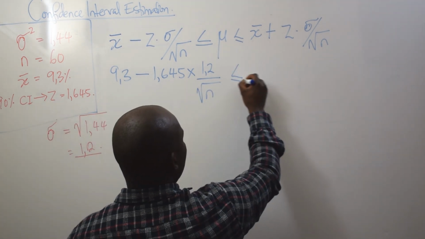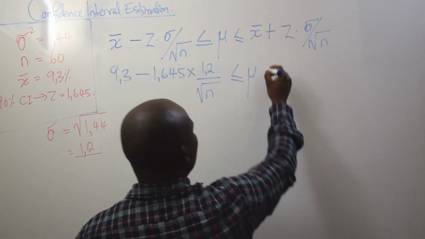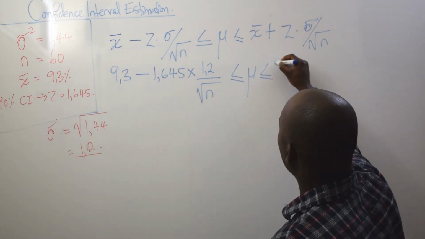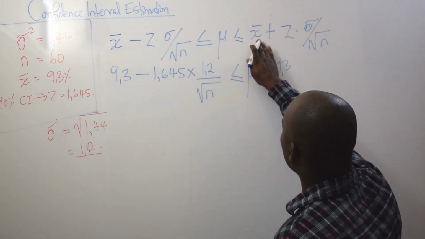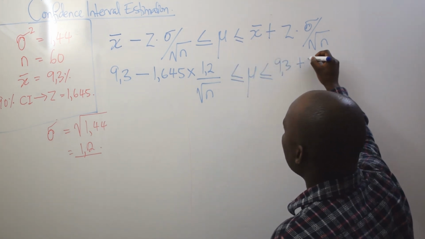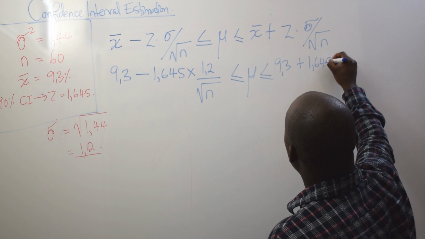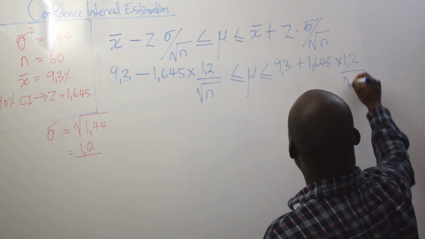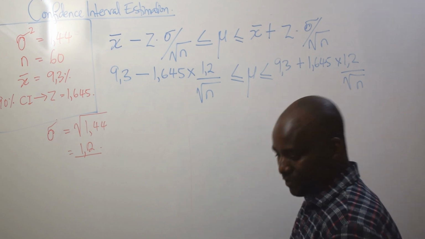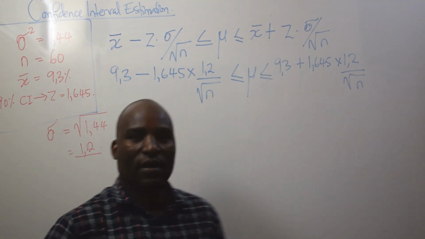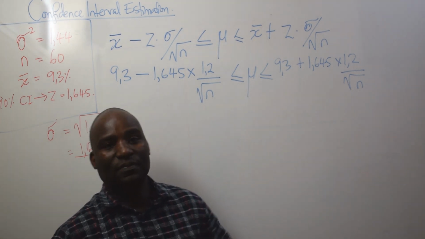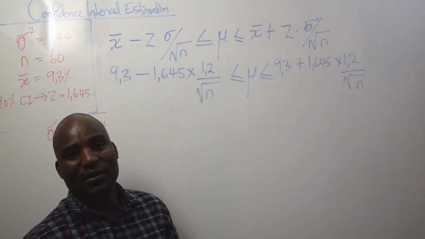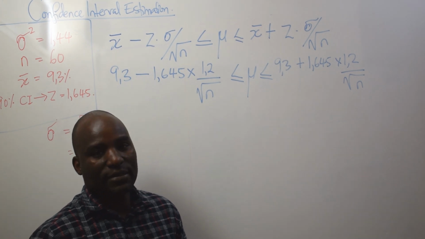This is less than or equal to the mu, which is not going to be more than 9.3, substituting your x bar, plus 1.645 multiplied by 1.2 over the square root of n. We've got our substitution. So what we just need to do now is to punch in the calculation and see the answers we get.